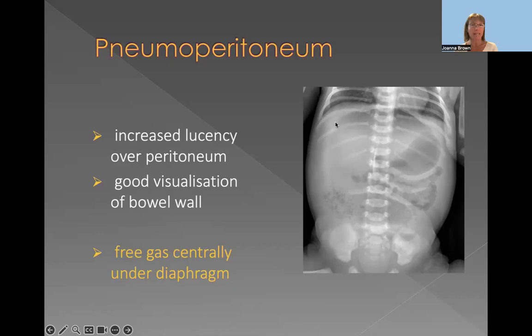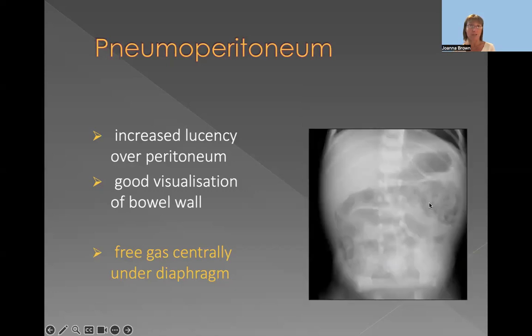We have free gas which is positioned, as you can see here, centrally under the diaphragm and centrally in the upper or central part of the abdomen, and this is what we call the football sign. In adults, the free air will be more positioned diffusely within the abdomen.